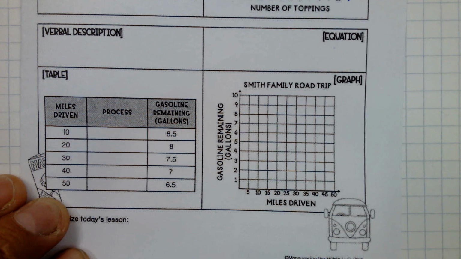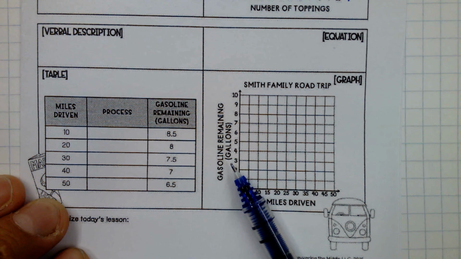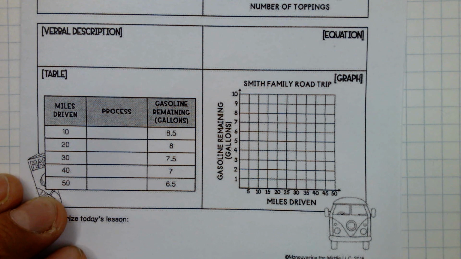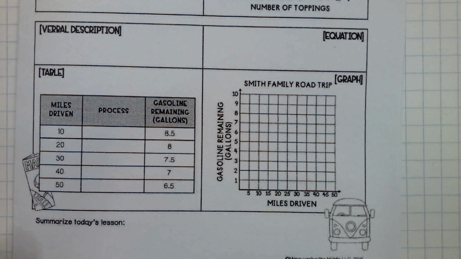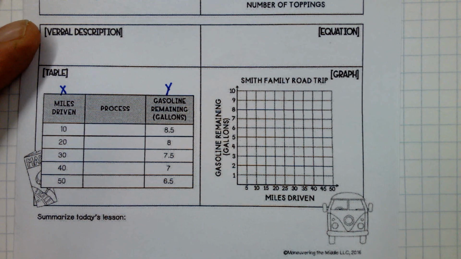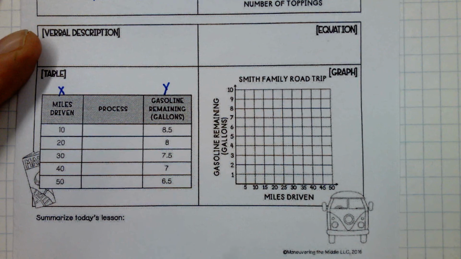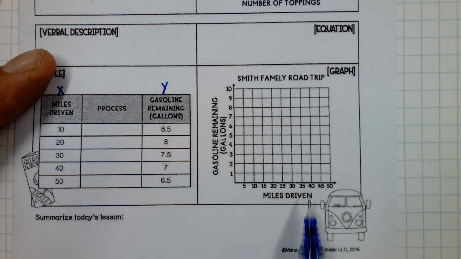Smith family road trip. So let's see, gasoline remaining in gallons. Okay? And they actually gave us here some values in the table. So let's see here. What are we measuring on the x-axis?